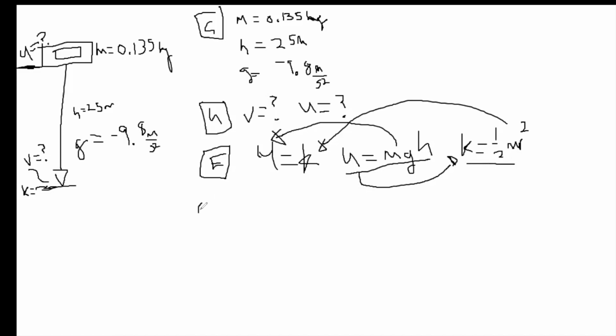So we're going to substitute for U. Now, because that's just how I work and it keeps me focused, I actually rewrite the equation. Yeah, I wrote it. Write it again. It's okay. U. I don't know what U is. That's what I'm looking for. M is 0.135. G is negative 9.8.